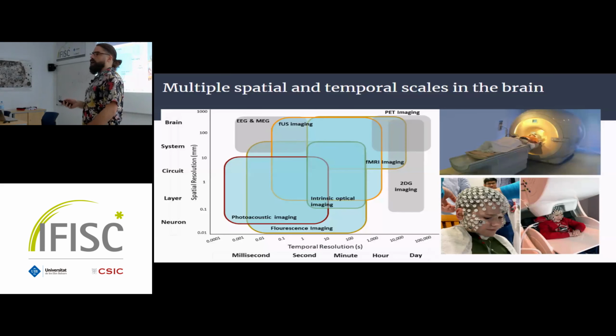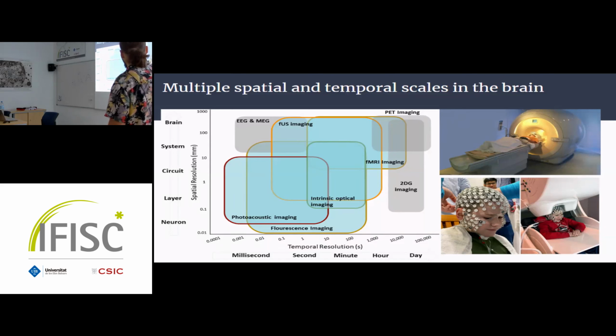Also, a more grounded motivation is that the brain operates at different temporal and spatial scales. For example, we can go from neurons to the whole brain, and we can go from milliseconds at the level of spiking activity or ionic currents, to days, for example, in the process of learning. For all these different spatio-temporal combinations, we have different tools.